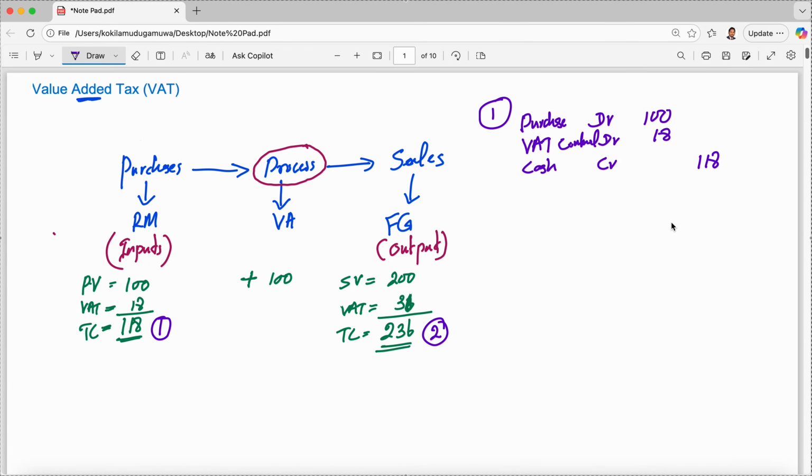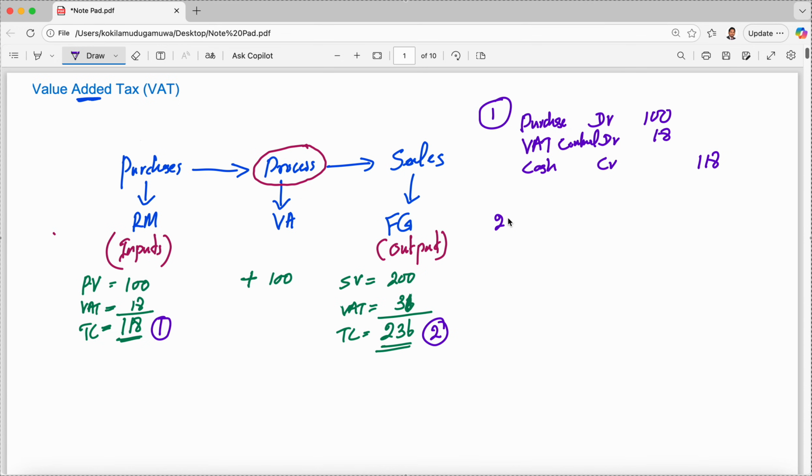Then you have to pay 118 in total, but you will record as expenses or cost of sale as purchases 100, and the VAT balance of 18 goes to the VAT control account.